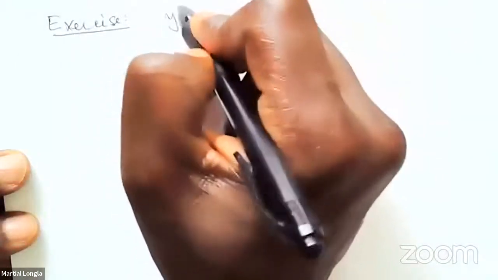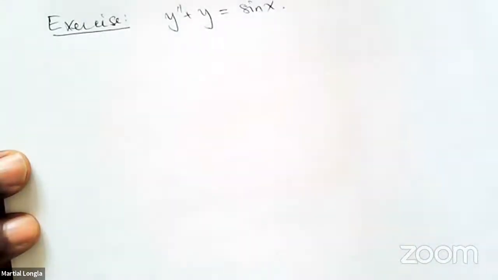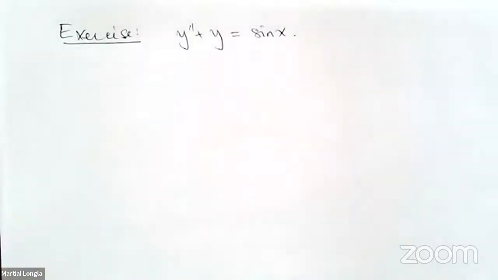Say y double prime plus y equals sine x. That's it. Just as simple as this. Solve using variation of parameters.